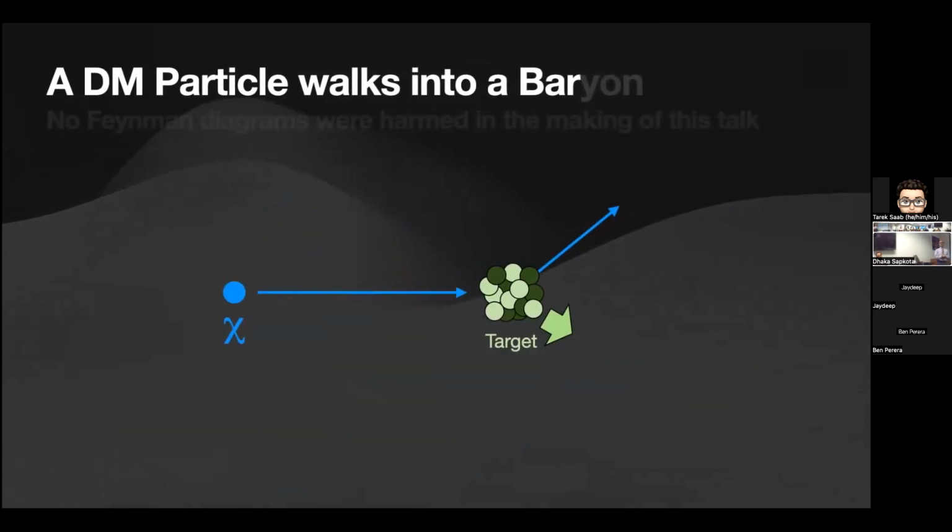There are a couple of ways. We can divide dark matter searches into 2 categories. One we call indirect searches, where you're looking for the end product of dark matter interaction with other dark matter particles or other particles in the galaxy.